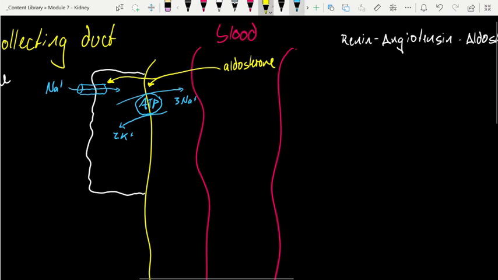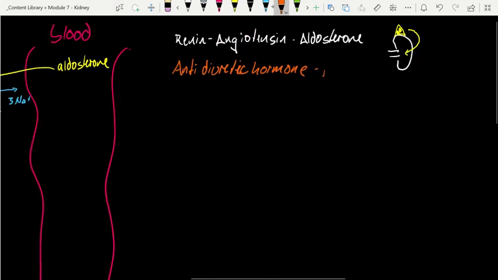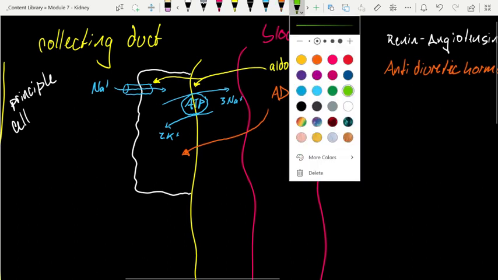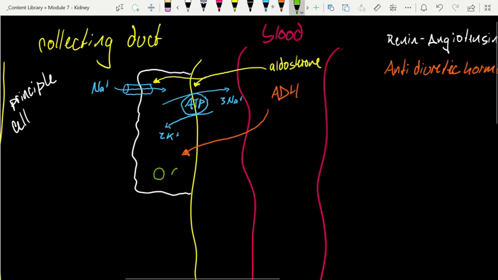This hormone is ADH, so antidiuretic hormone, and this comes from the pituitary. Also, as an endocrine signaler, ADH will be found in the blood. And as ADH acts on these cells, ADH does something very unique. It stimulates the exocytosis of vesicles that are loaded with aquaporins.